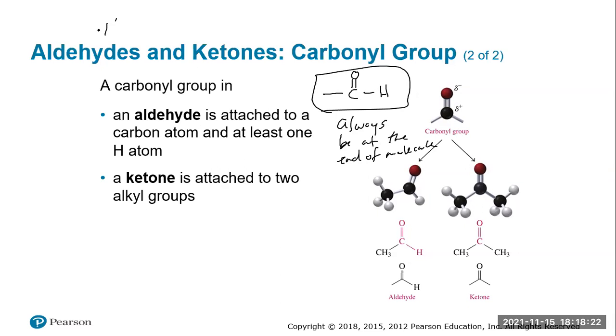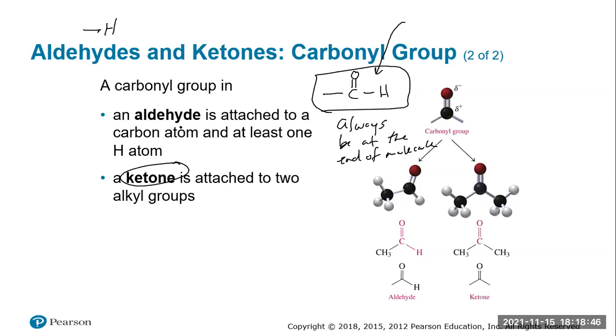Hydrogen can only have 1 bond, right? Or 2 electrons. So you can never have this group in the middle of the molecule. Otherwise, hydrogen will end up with too many bonds. So you'll always find the aldehyde group on one end or the other, but it will never, ever be in the middle. Different than that, the ketone group will always be in the middle.